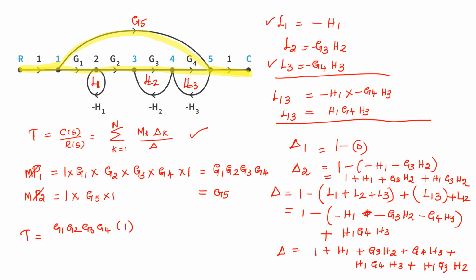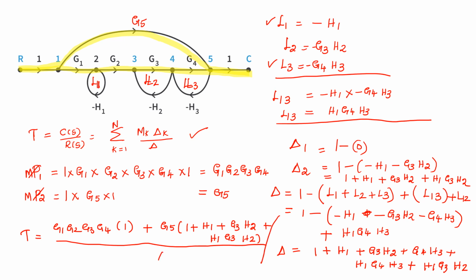And next plus G5 into delta 2, which is 1 plus H1 plus G3 H2 plus H1 G3 H2. The numerator is over. What about the denominator? Write the delta value. So this is the transfer function of the given system.